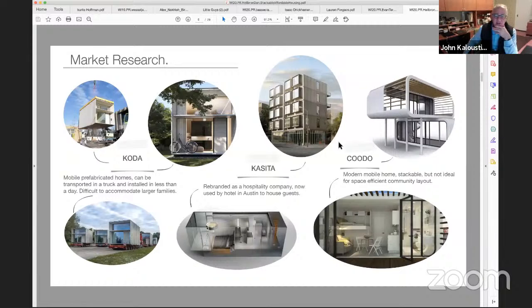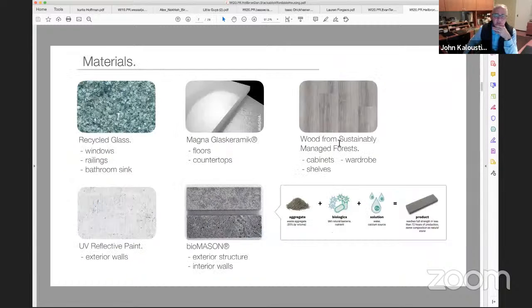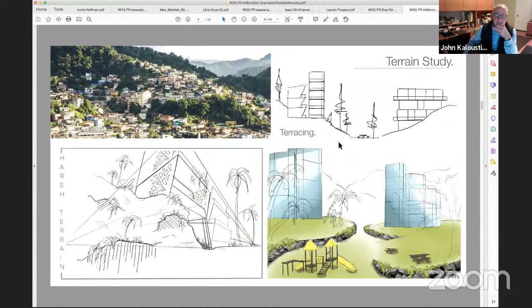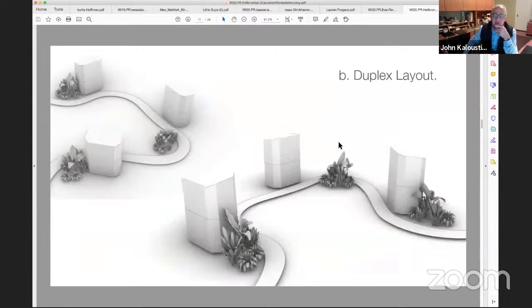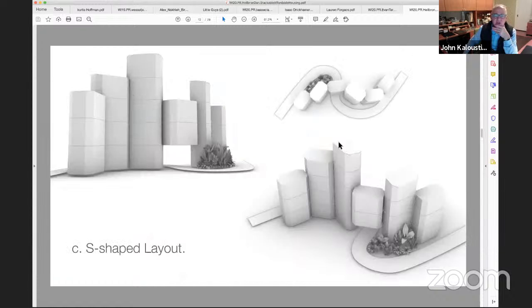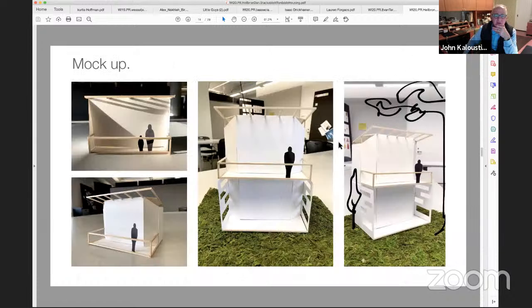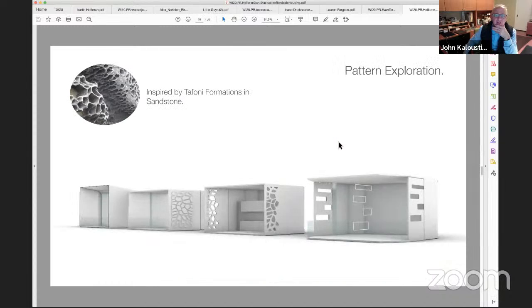So he looked at concepts that were out there, materials that would be sustainable, concepts of how he might stack housing where they could integrate in some of these coastal areas or mountainous areas. He made small study models from it. Again, he was a sophomore at the point when he did this. And community layouts. Again, study models. And then he went into the whole final design.